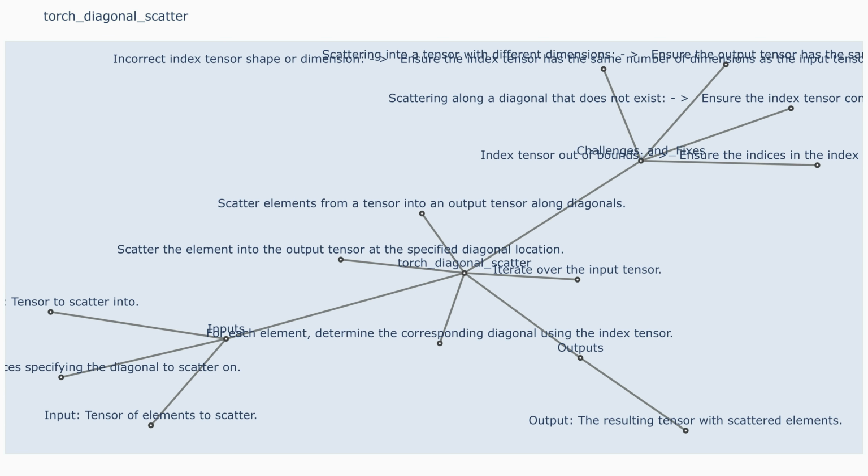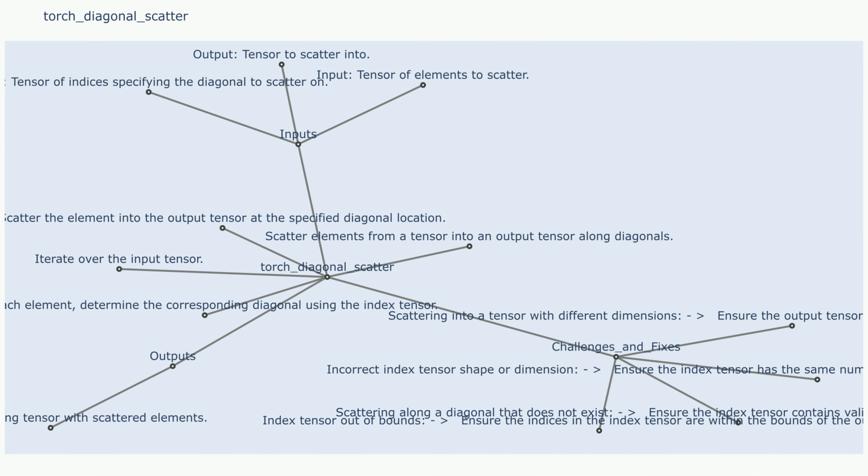Torch diagonal scatter. Description: this function performs a diagonal scatter operation on a tensor, where elements of an input tensor are scattered along the diagonal of an output tensor. Inputs: SRC, a tensor containing the values to scatter.